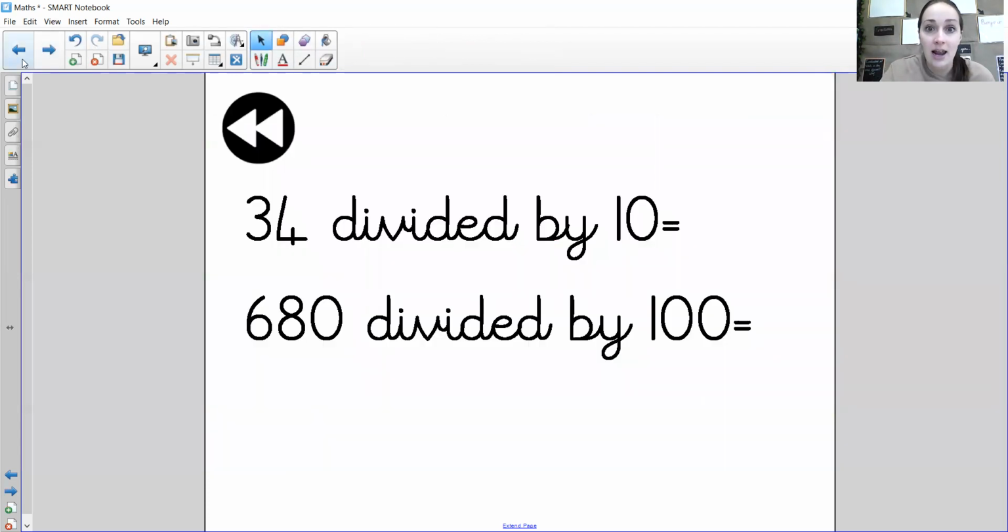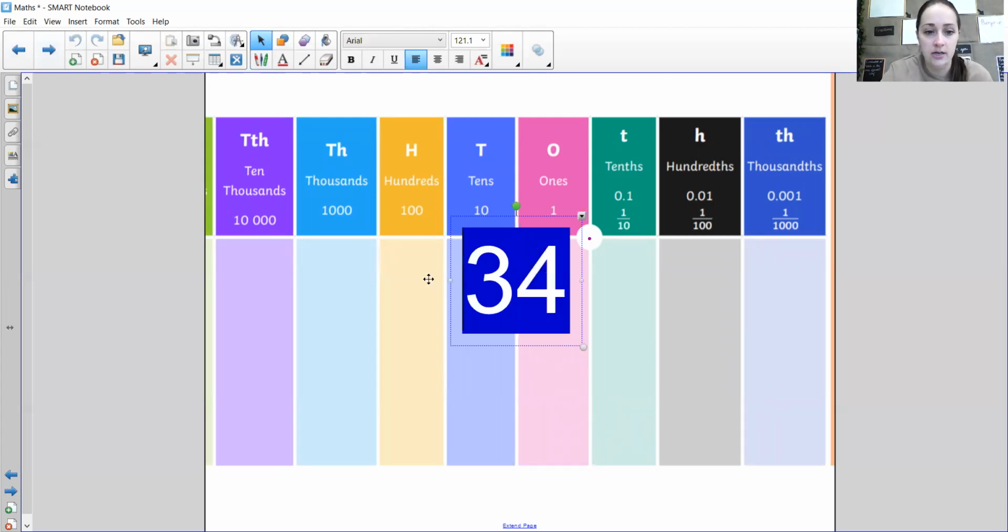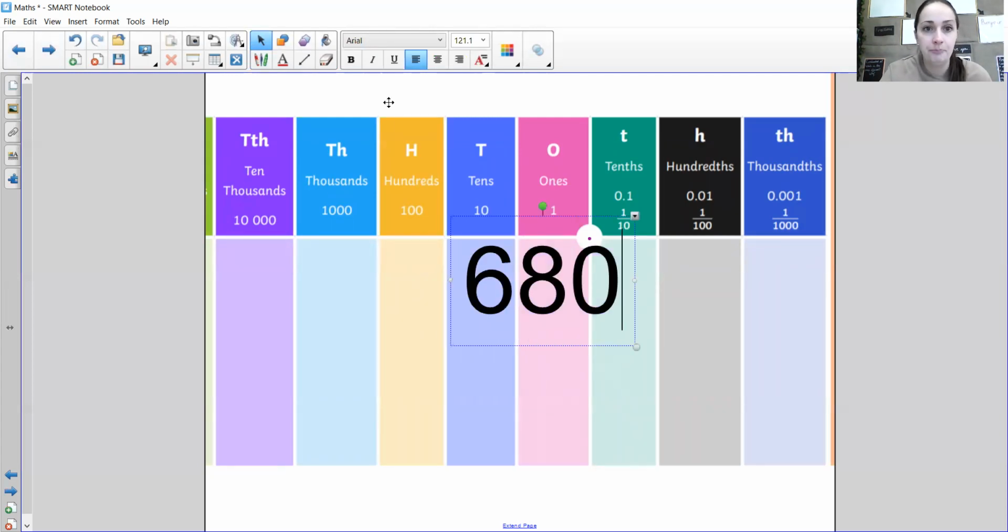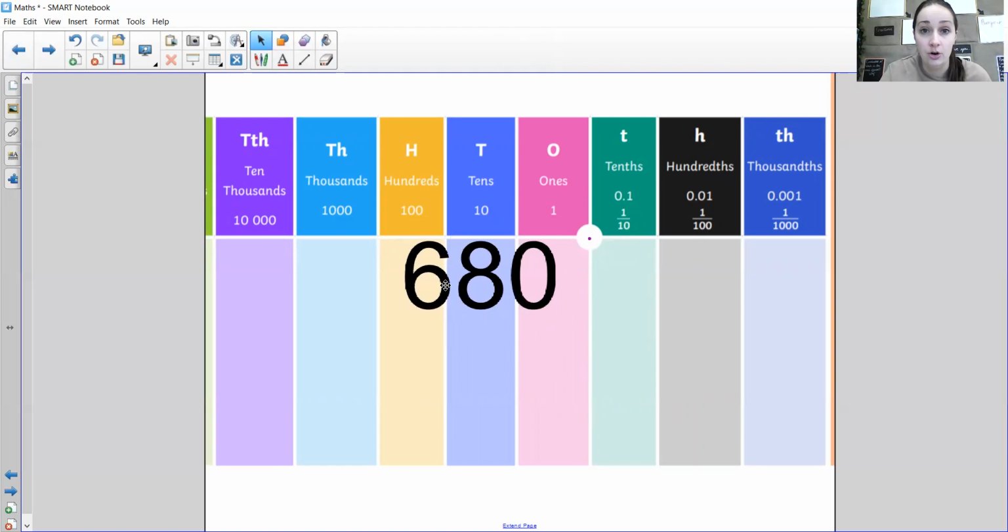Right. The last one then for this rewind, 680 divided by 100. So 680. And we're going to divide by 100. So how many places do you think we're going to move it? Well, if we're dividing by 100, we're going to move it 2 places because we divide by 10, divide by 10. So my 6 starts here and it moves divide by 10, divide by 100. And we know that 600 divided by 100 would be 6.